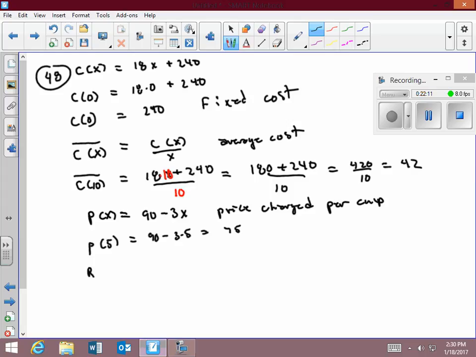R of X. R of X is the number of units times the price per unit. So that's the revenue. This is revenue. And then the next bullet point is profit. And the profit is the revenue minus the cost.